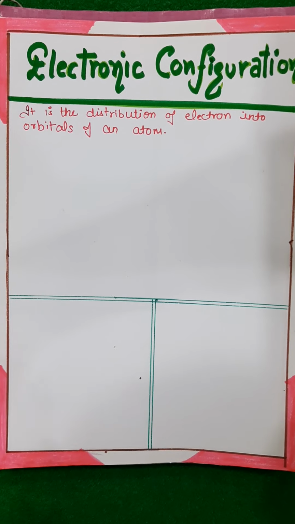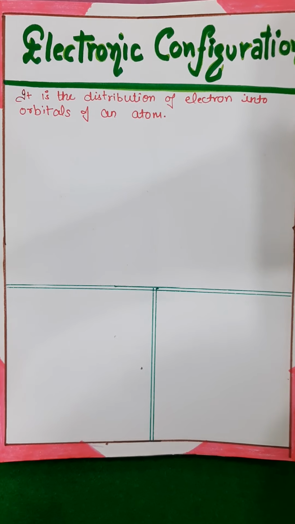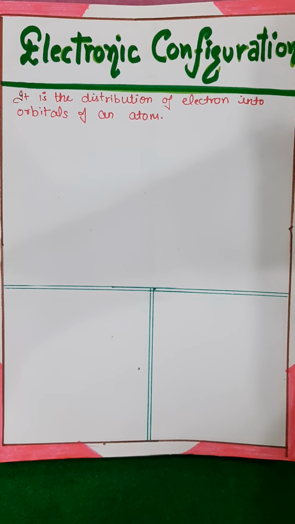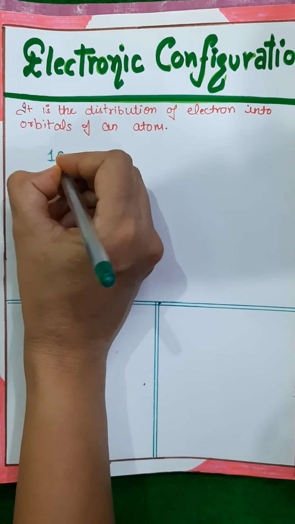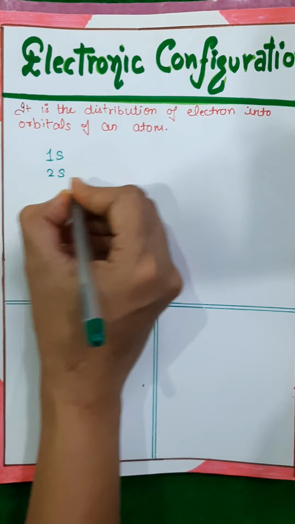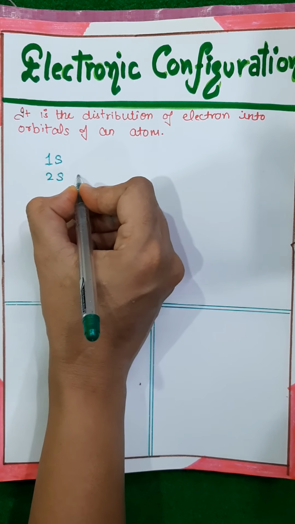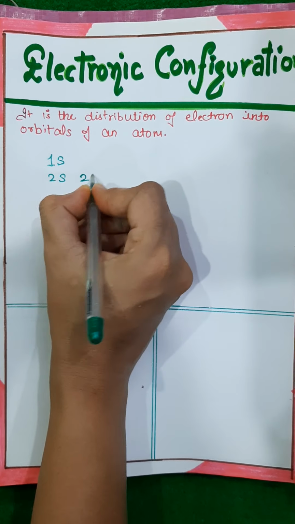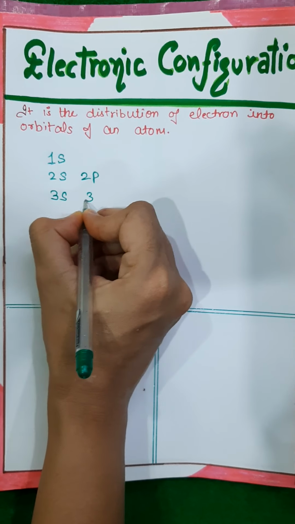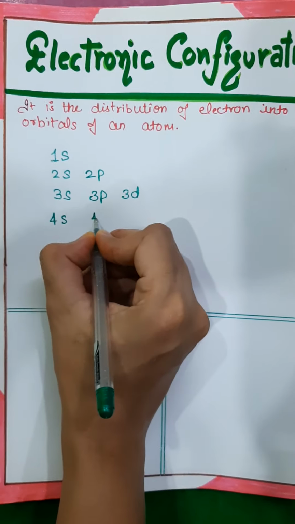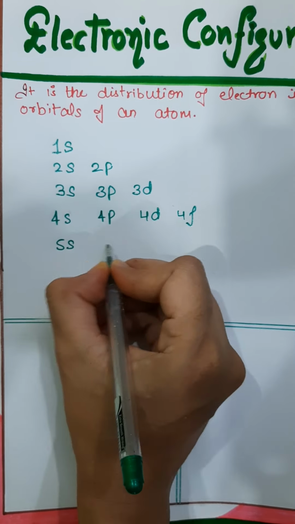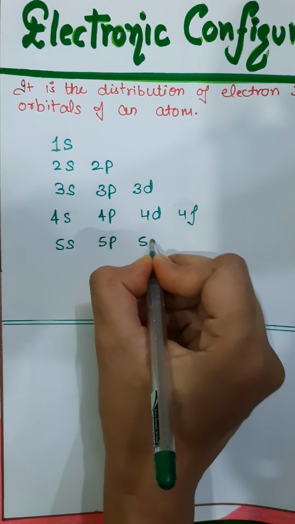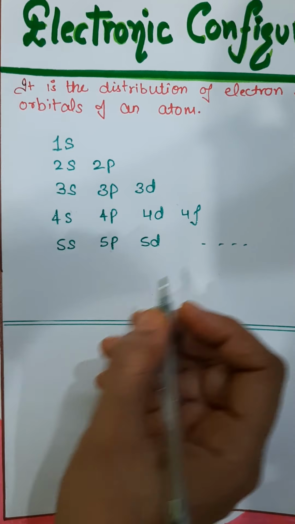Okay students, in the last video we discussed the Aufbau principle. First we draw the Aufbau table here in increasing order of energy. First shell 1s, then 2s, 2p, 3s, 3p, 3d, 4s, 4p, 4d, 4f, 5s, 5p, 5d and so on.